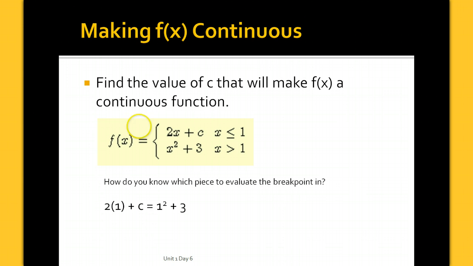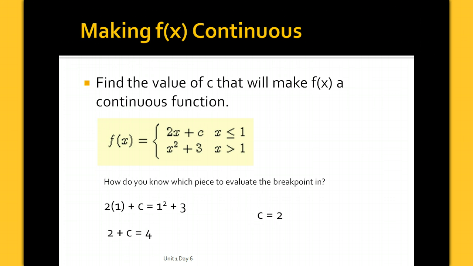So I have 2 times 1 plus c, the first piece, is going to equal, remember the second step was to set it equal to the other piece, 1 squared plus 3. Then you simplify and get 2 plus c equals 1 plus 3 is 4. And then you solve for c.